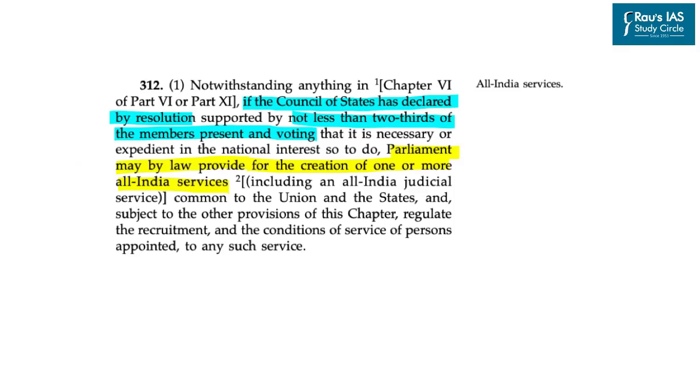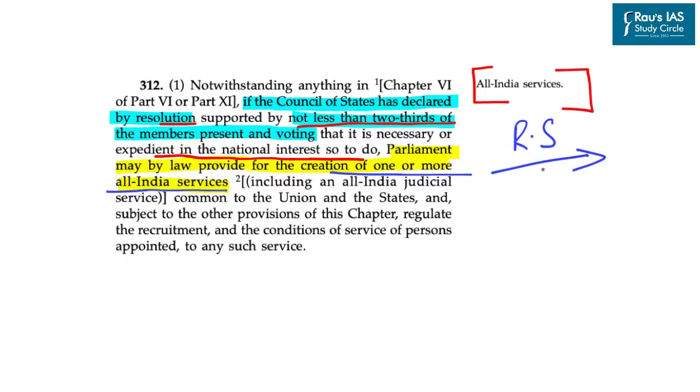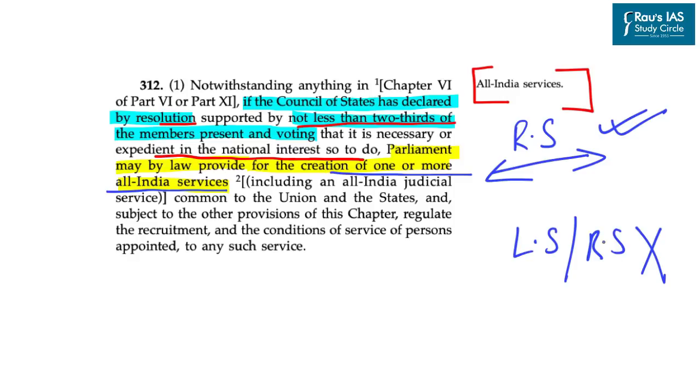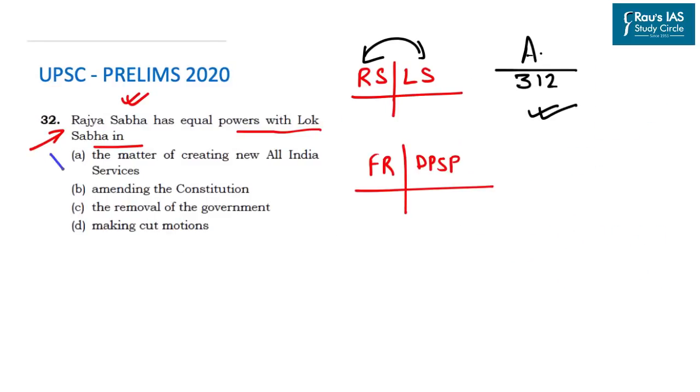So, Article 312 mentions about all India services, and it says that if the Council of States, that is Rajya Sabha, has declared by resolution supported by not less than two-thirds of the members present and voting, and it is also necessary or expedient in the national interest so to do, Parliament then may by law provide for creation of one or more All India services. So with respect to creation of All India services, Rajya Sabha clearly has the upper hand, and Lok Sabha and Rajya Sabha do not enjoy similar powers. So the first option can be ruled out.